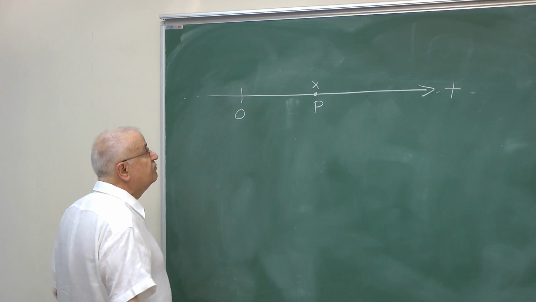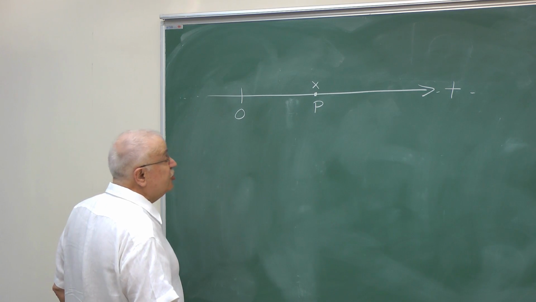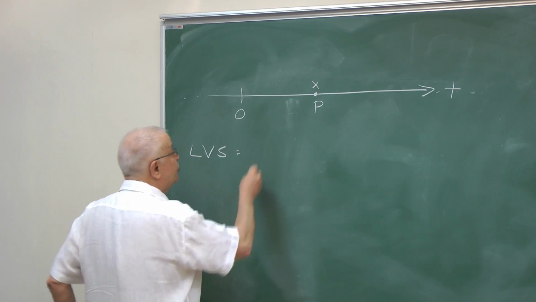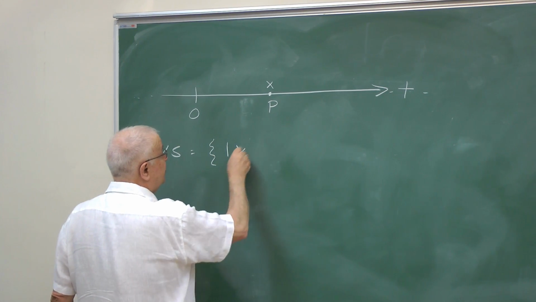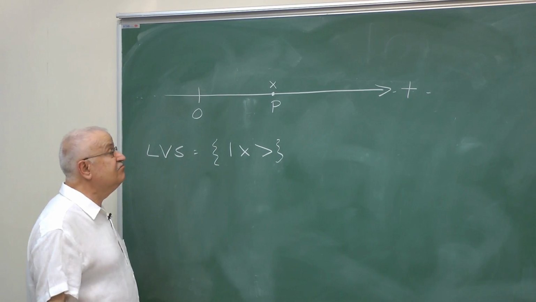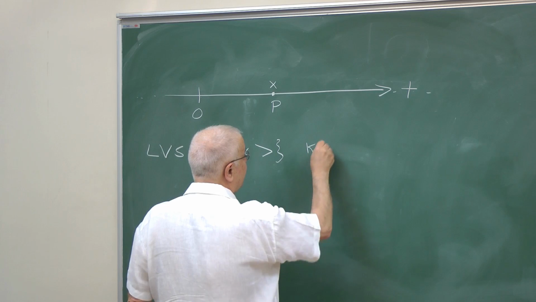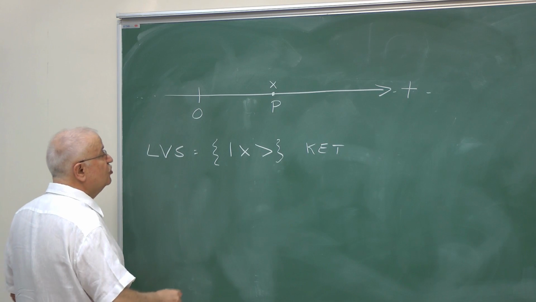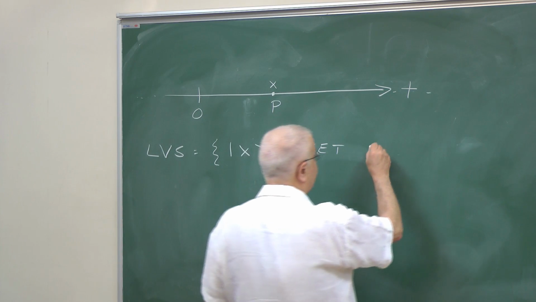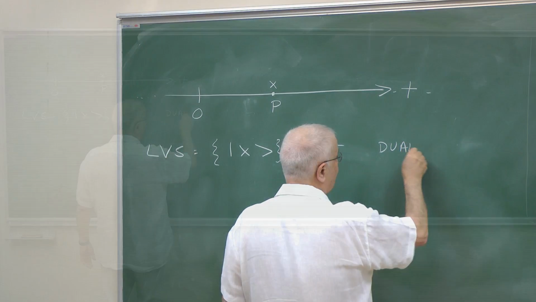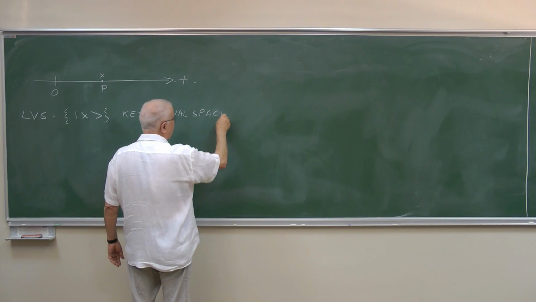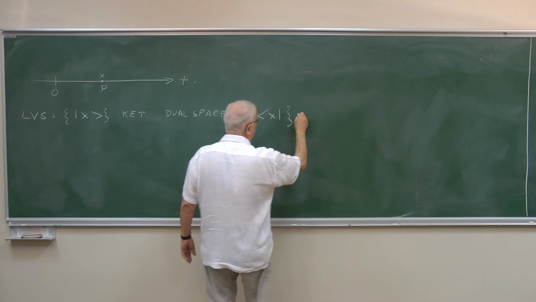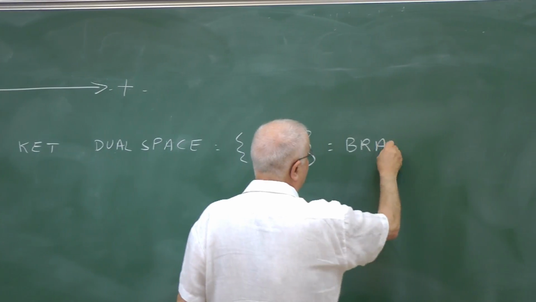See, in the linear vector space analysis that I'll be using, I'll be dealing with entities like these. These are called kets. Then there is a dual space, and these will be called the bras.